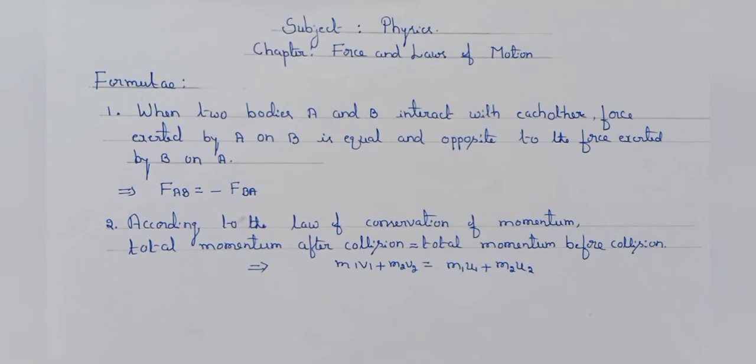Therefore, m1v1 plus m2v2 is equal to m1u1 plus m2u2. Here, m1 and m2 are masses of two bodies. u1 and u2 are their respective velocities before collision, and v1 and v2 are their respective velocities after collision.